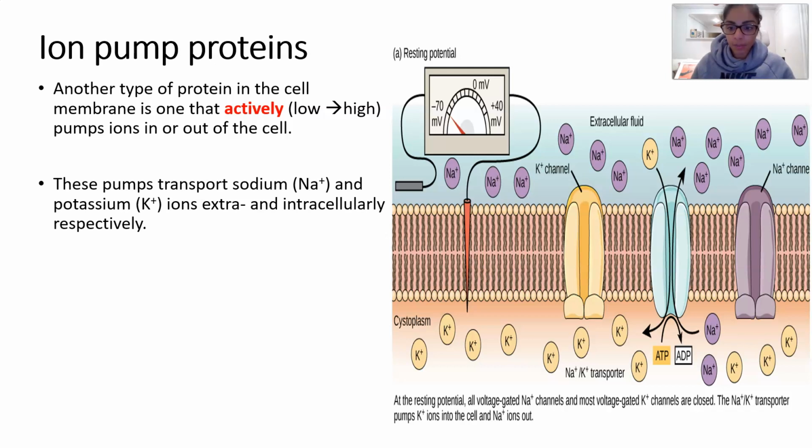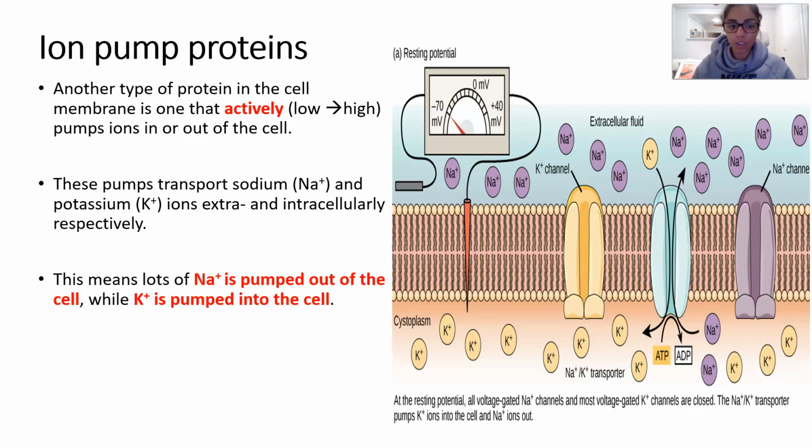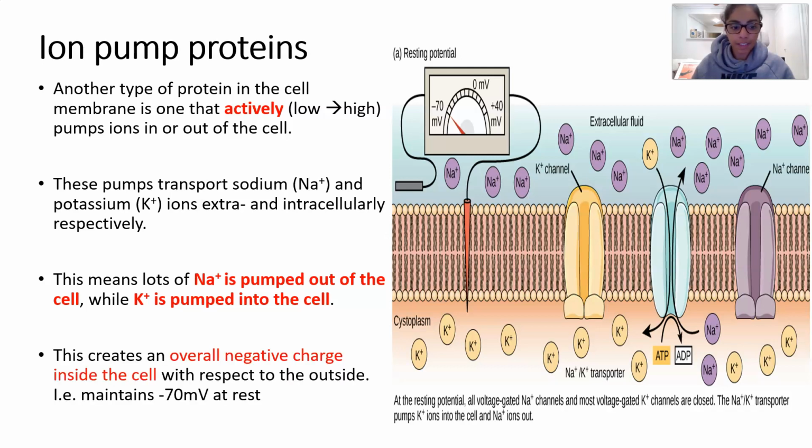Within the axon membrane, these pumps will specifically work on sodium and potassium, and they will pump these ions against the concentration gradient. So what that means is that when there is lots of sodium outside of the cell and potassium inside the cell, it will work in a way to transport these ions against the concentration gradient.